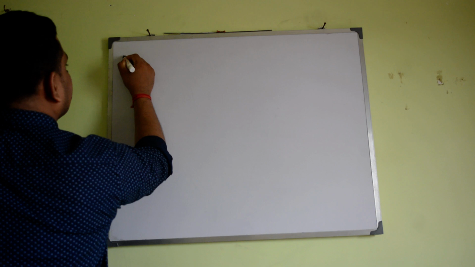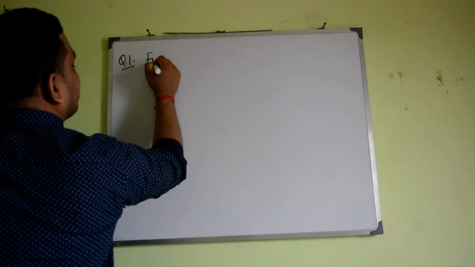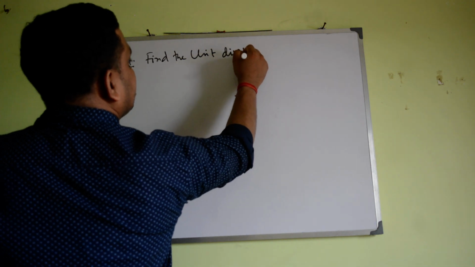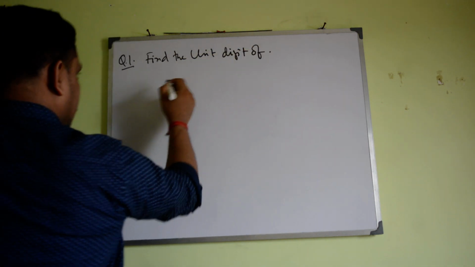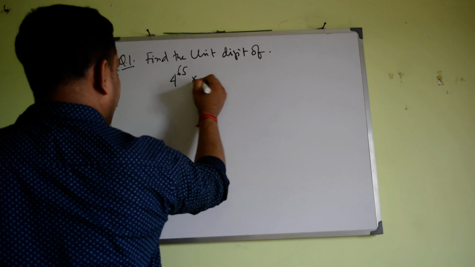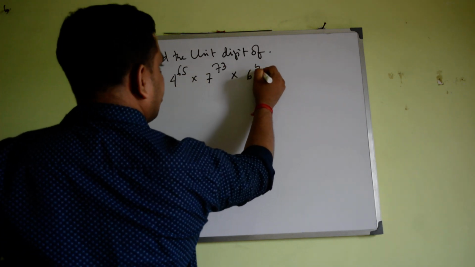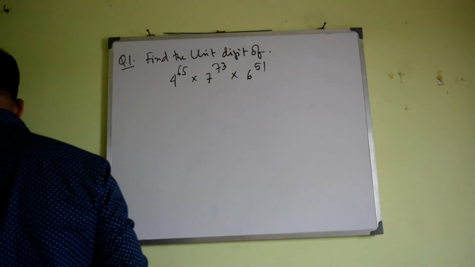Let's say, find the unit digit of, let's say, 4 to the power 65 into 7 to the power 73 into 6 to the power 51. So how to do this?